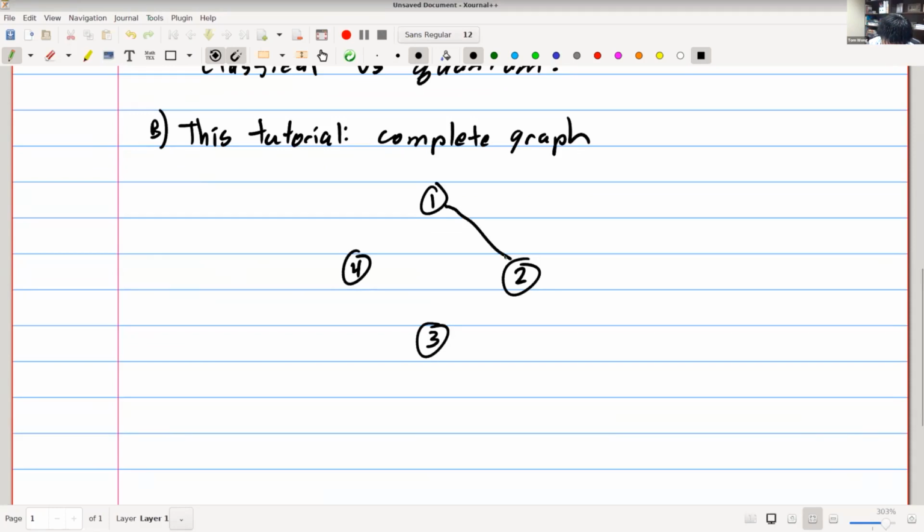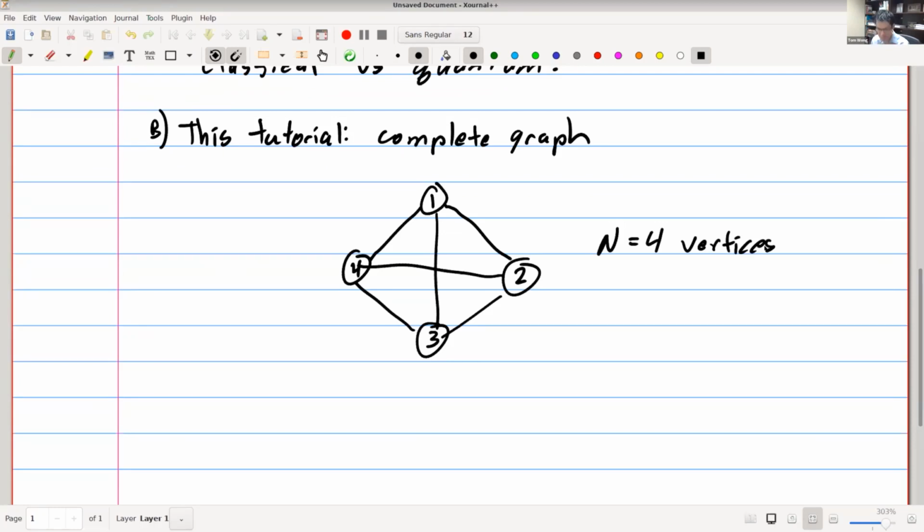So 1 is connected to 2, 3, and 4. 2 is connected to 1, 3, and 4. 3 is connected to 1, 2, and 4, and 4 is connected to the rest. So this is a complete graph with 4 vertices. I'll let capital N denote the number of vertices, as is customary in the field. Here we have 4 vertices, but we could have 10 vertices and they're all connected to every other one, and so forth.